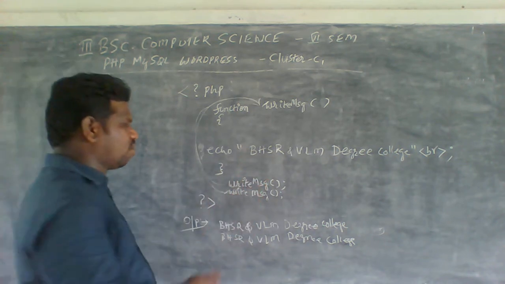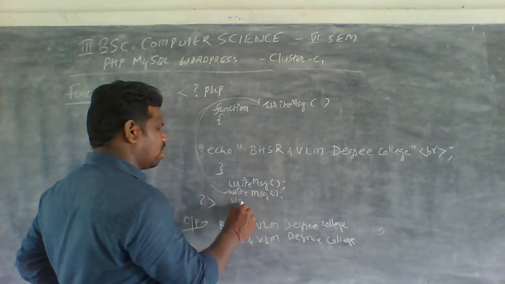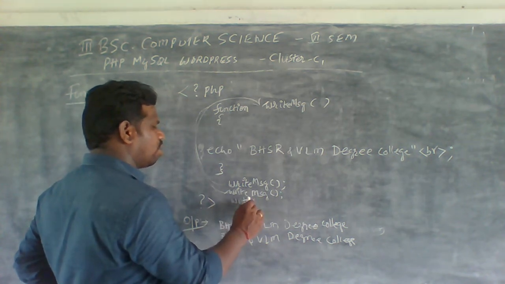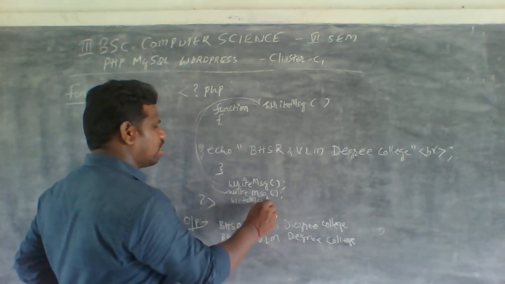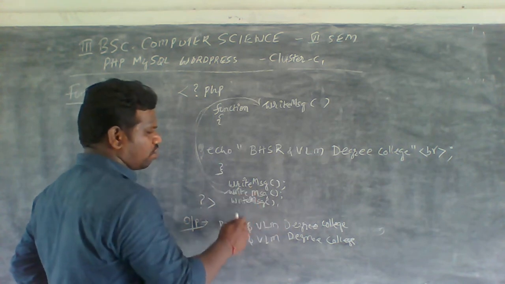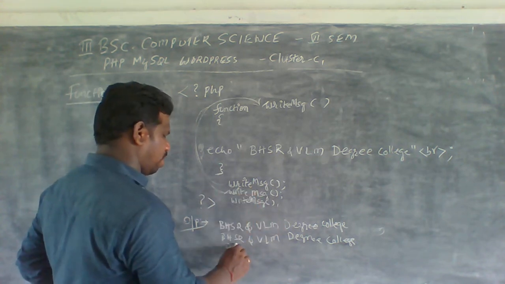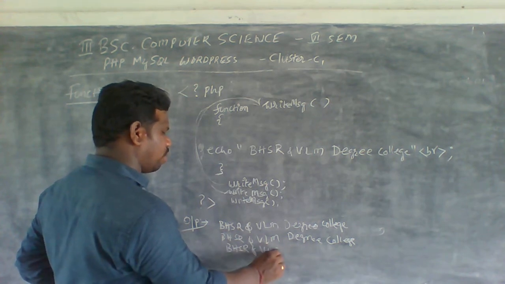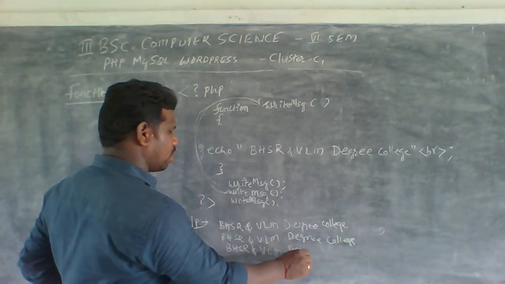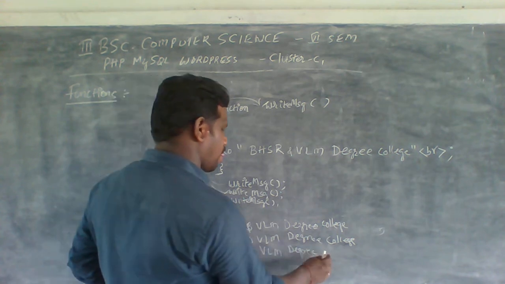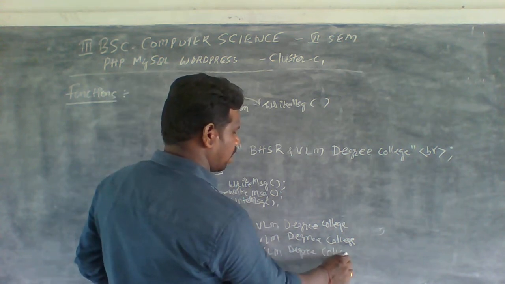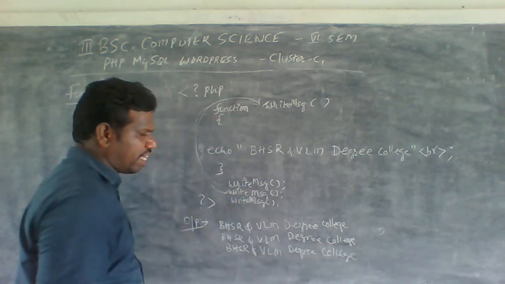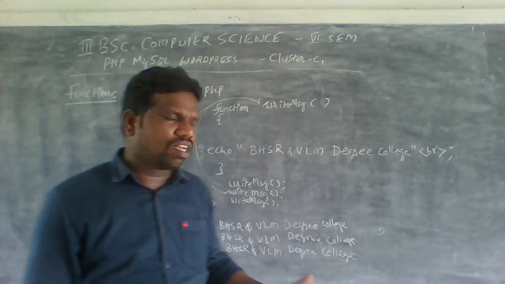If you want to write something three times, the output also comes three times, because every time it can print only one statement.